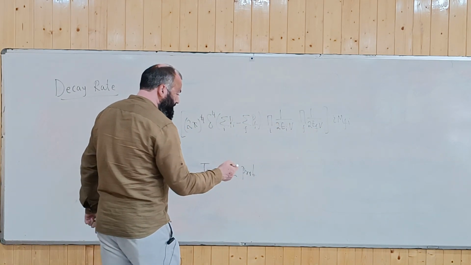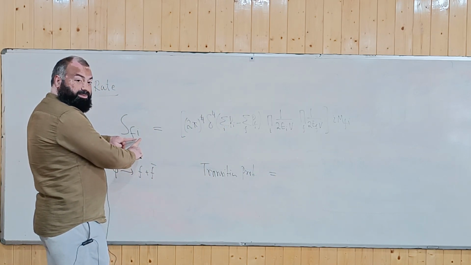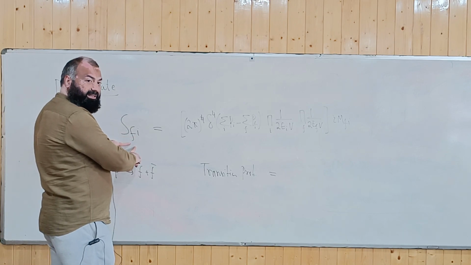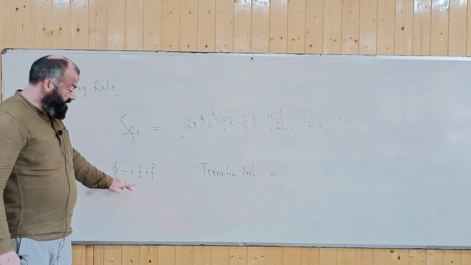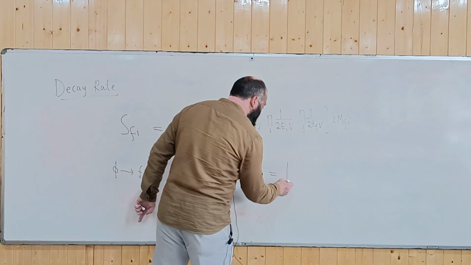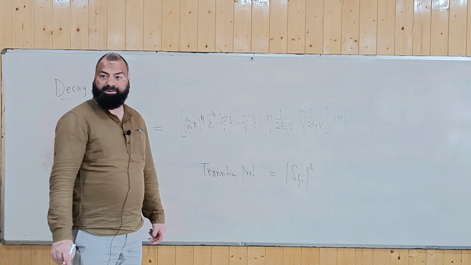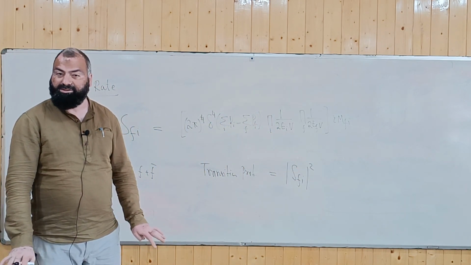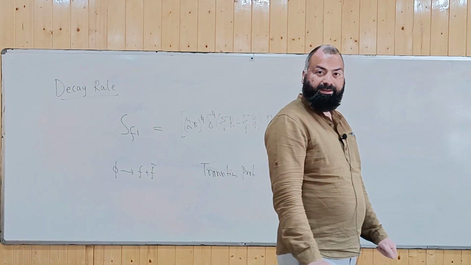So I can write the transition probability such that the particle goes from the initial state I to the final state F. What is the initial state here? Phi, and the final state is the fermion antifermion pair. So I need to take the mod square of S_Fi. This is our transition probability. Clear? If this is the amplitude, its mod square will give me the transition probability.